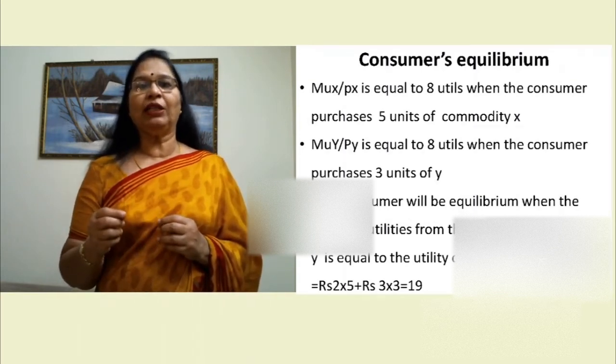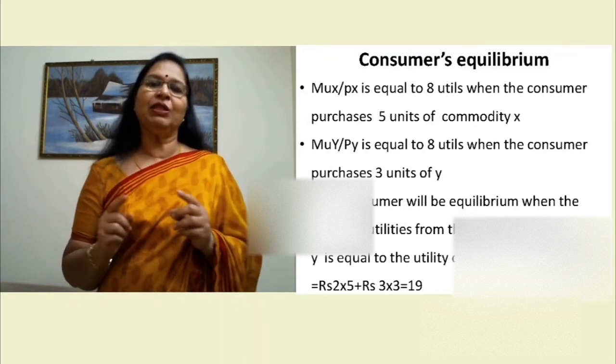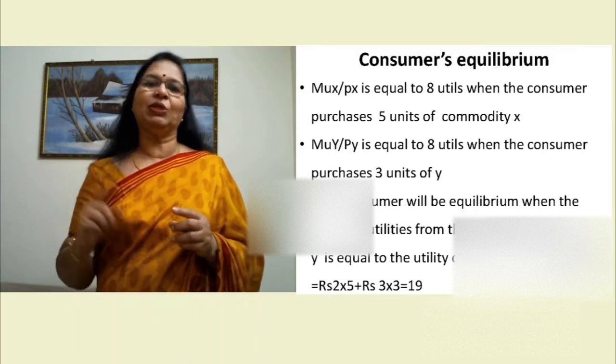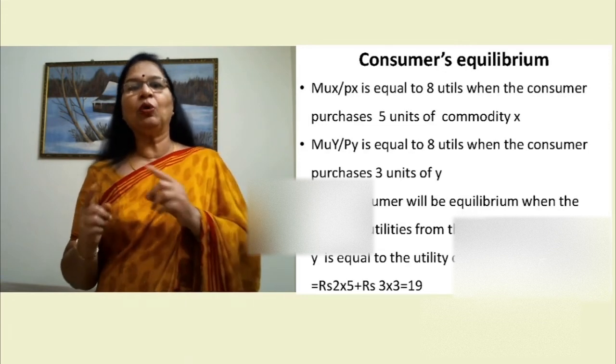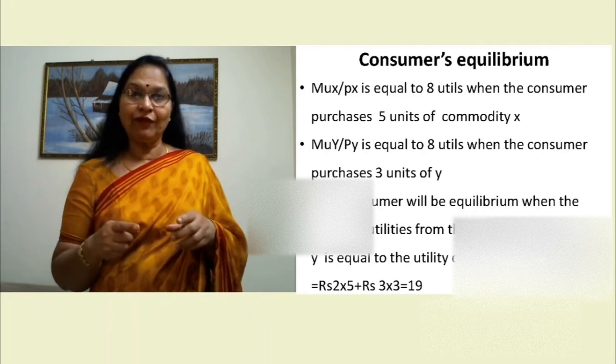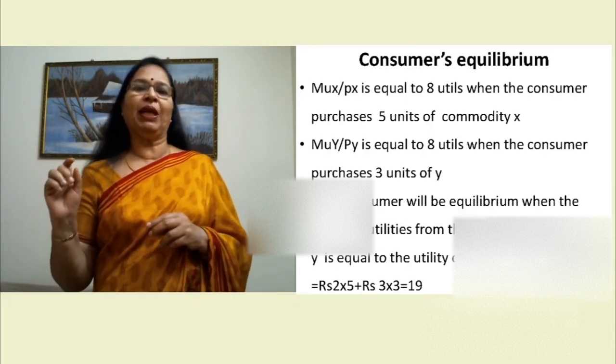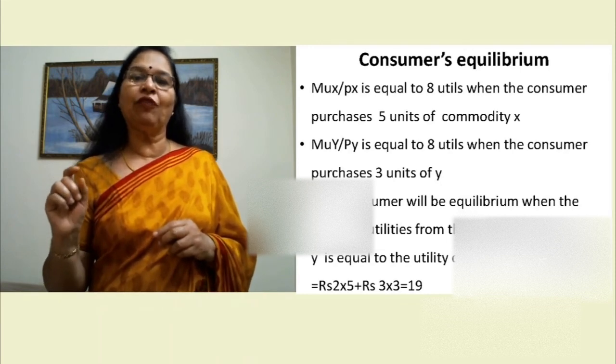We assume that the consumer will substitute one for the other. Till the time these utilities, all the 3 utilities, were not equal, the consumer could have substituted one for the other. He could have substituted X for Y or Y for X, till such time it became equal to the utility for money.